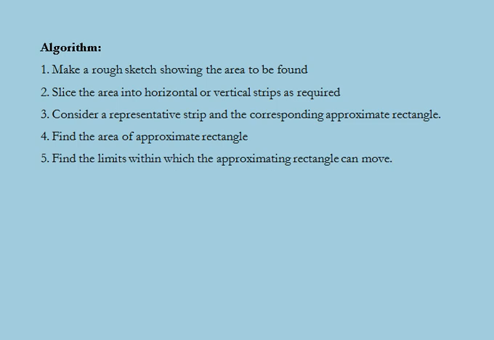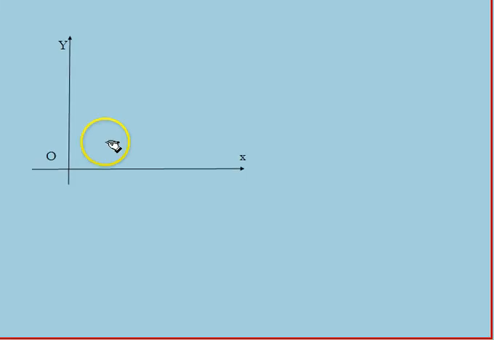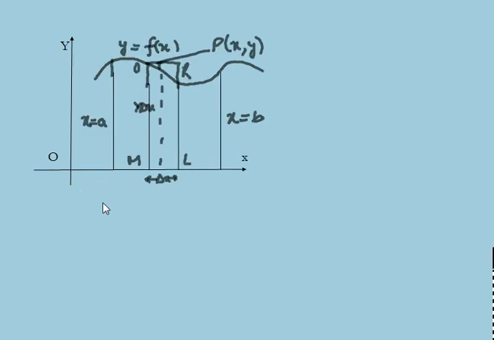The next step is to find the limits within which the approximating rectangle can move. Now let's consider a curve f(x) of this form. That means f(x) is continuous in nature, and in order to find the area under this curve, we first need to find the approximating rectangle of area y delta x that can move between x equal to a and x equal to b.